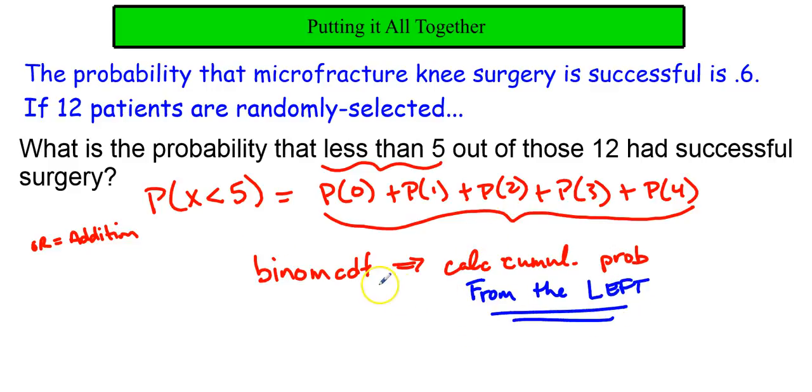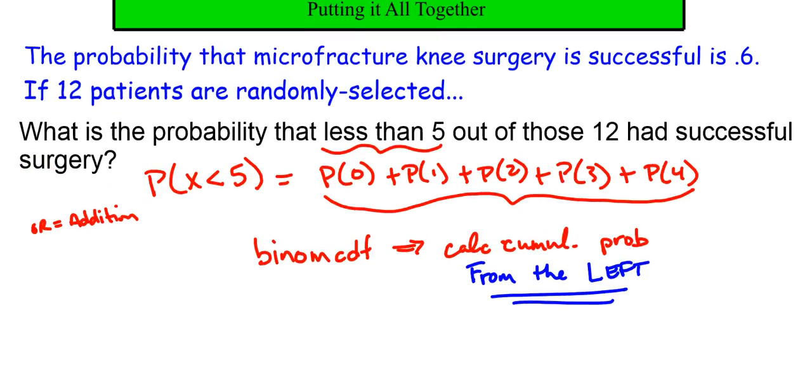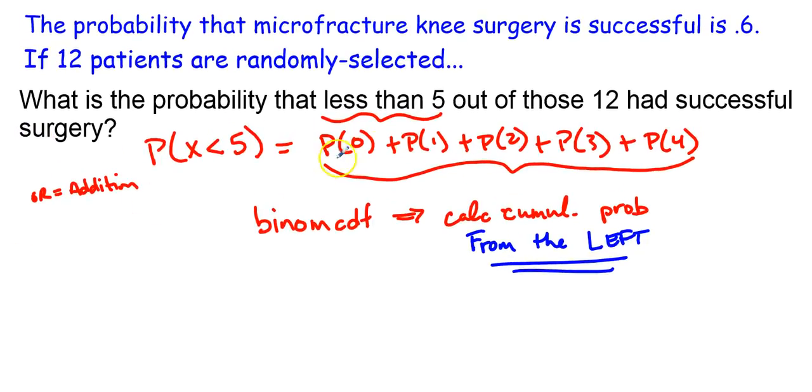And so what it's going to do is once we specify where we want it to stop, it's going to work its way from the lowest, meaning 0, up to 1 and 2, and it's going to add these together and calculate the cumulative probability until you tell it to stop.